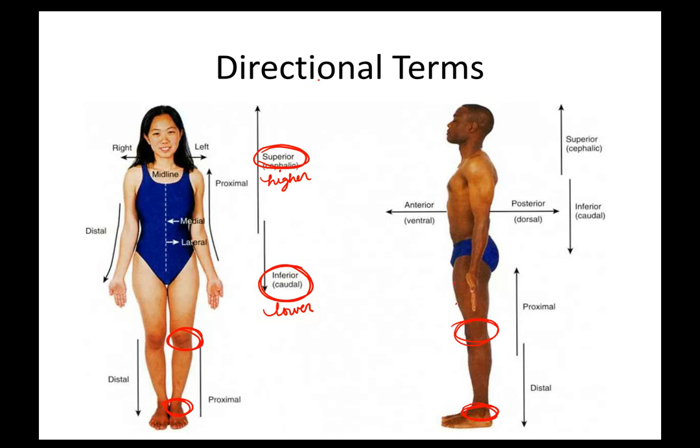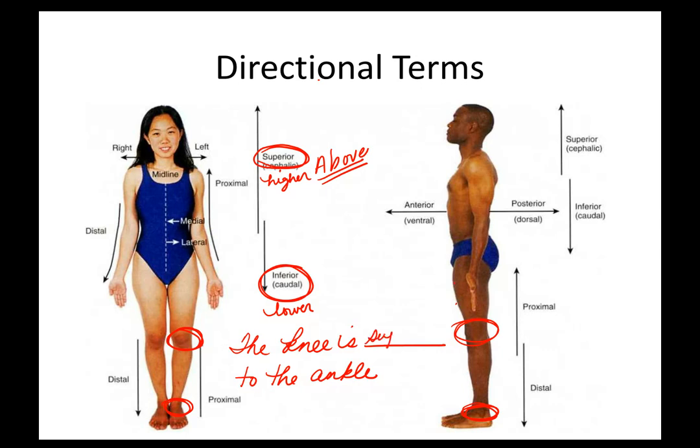So the knee is blank to the ankle. Is it above it or below it? If it's above, if it's higher than, we say it's superior. So you would put superior here because the knee is superior, it's above that ankle.